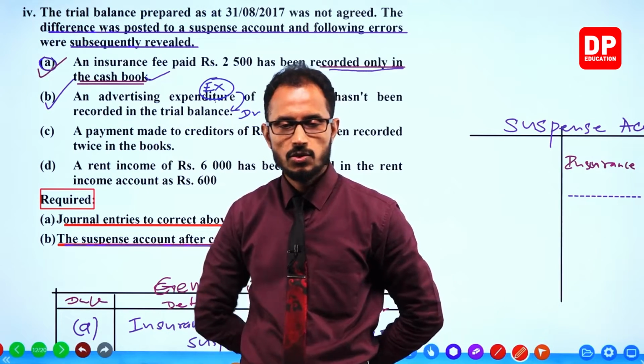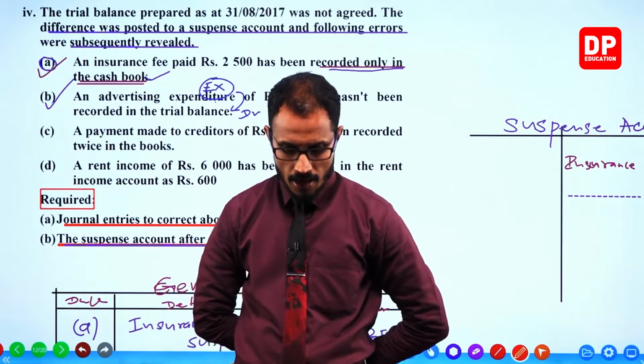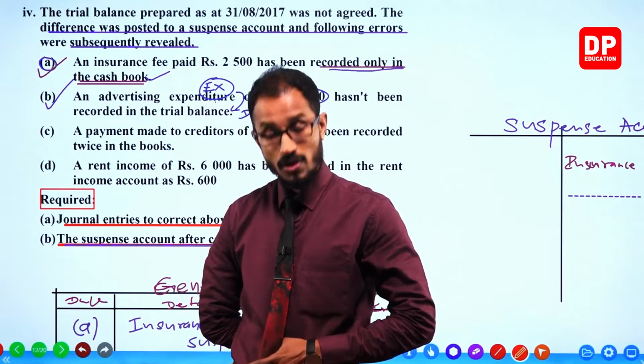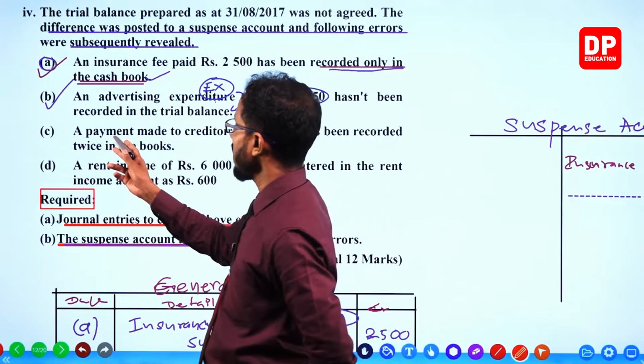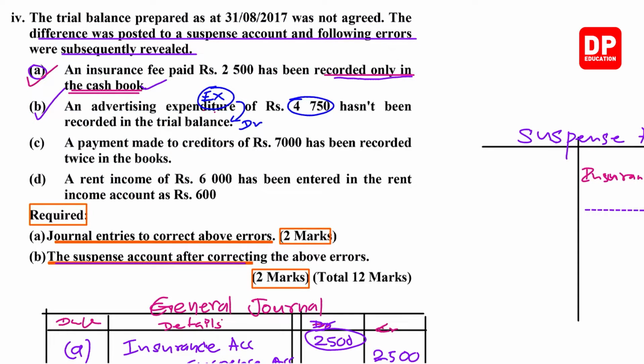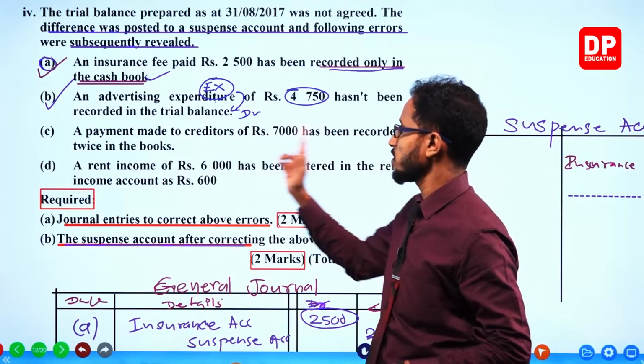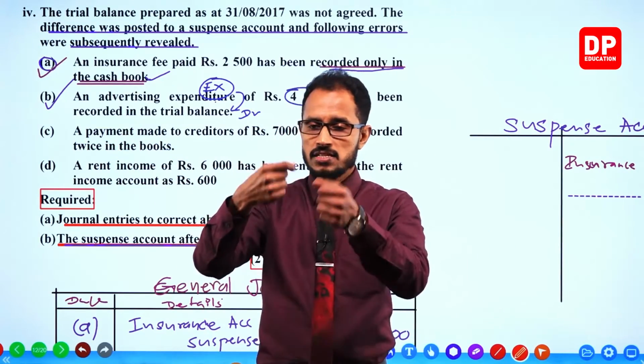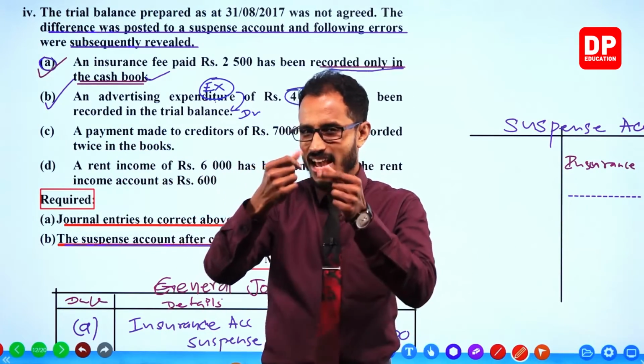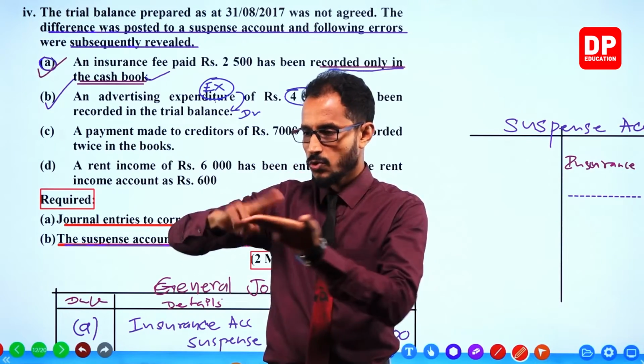Now what is the entry? Payment means the cash is going out, our cash at hand going out.